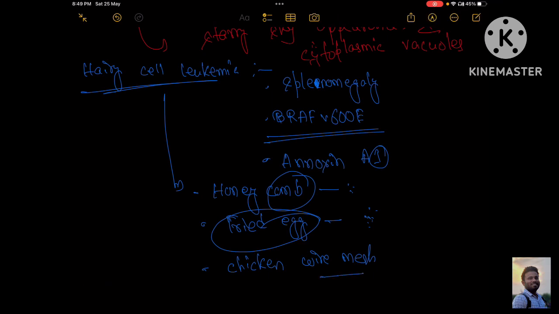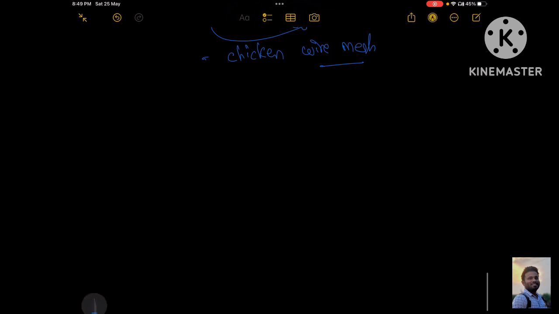Another important point in hairy cell leukemia: the cytochemical marker is TRAP, tartrate resistant acid phosphatase.